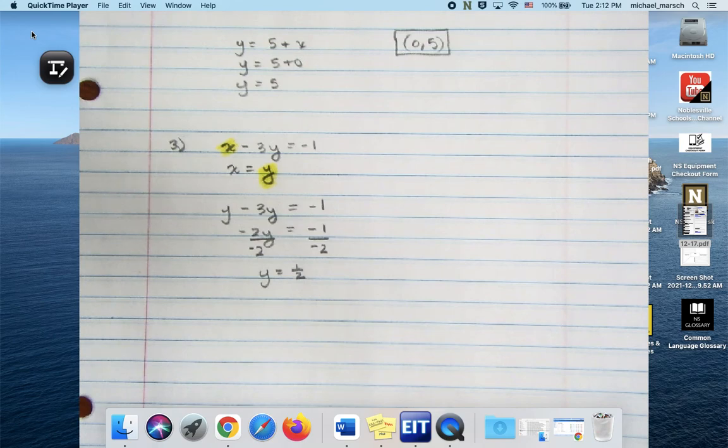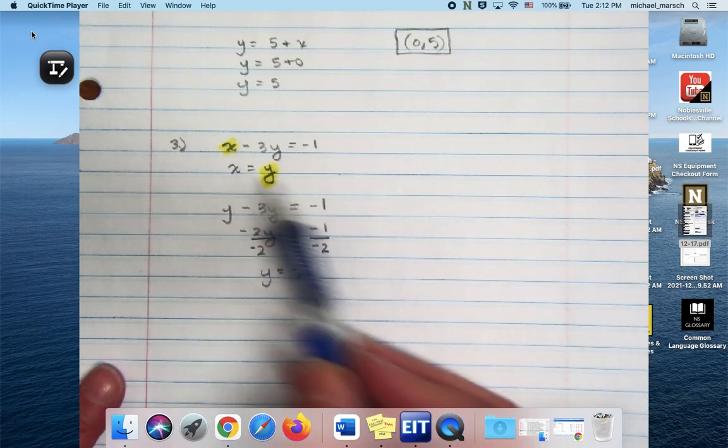What's my x value going to be? How do you know that? Because it already told me that y equals x, right? So I don't even have to do anything else here.